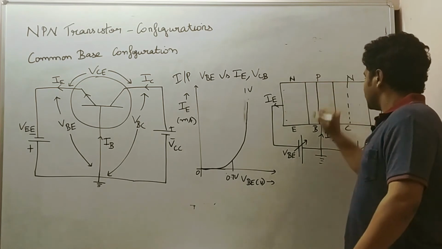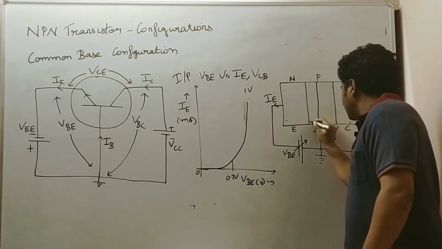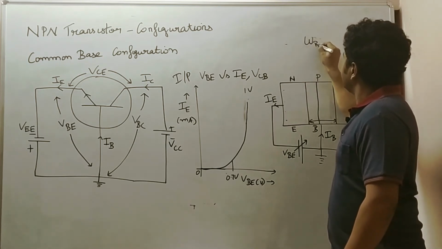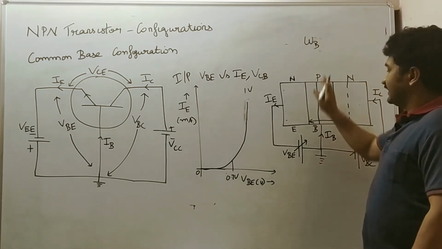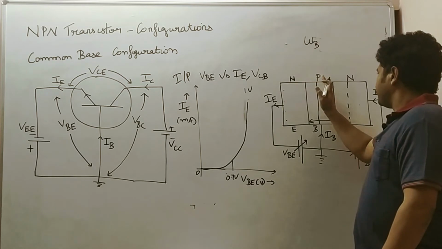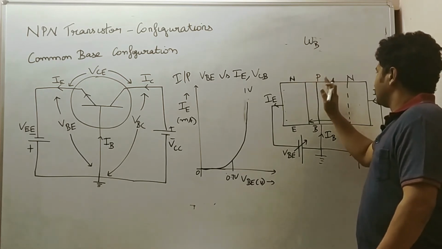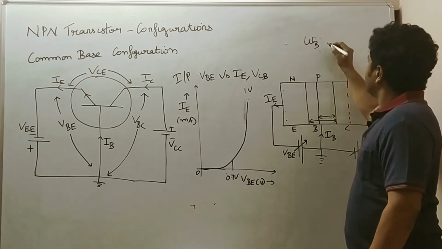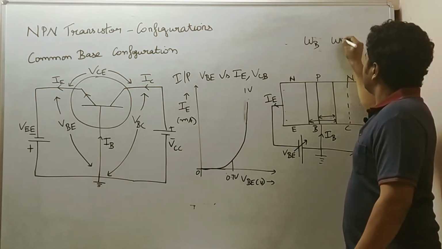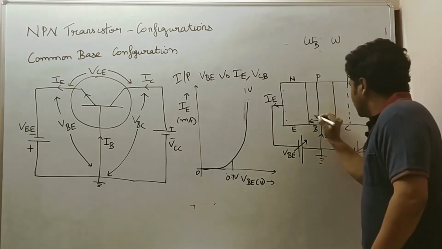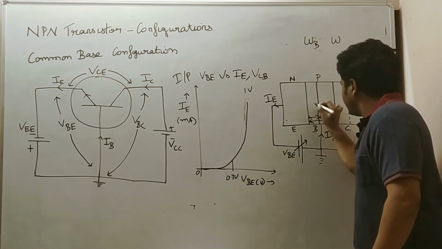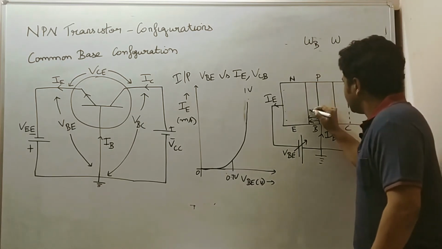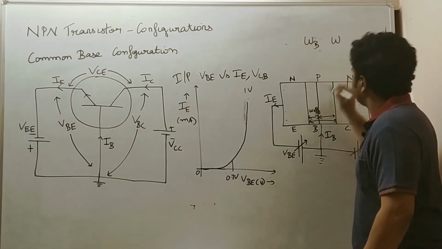If you can see, for the base region alone, the entire width is called WB. The region to the right, the center of the P layer, is W. To the left of this depletion line is W effective.